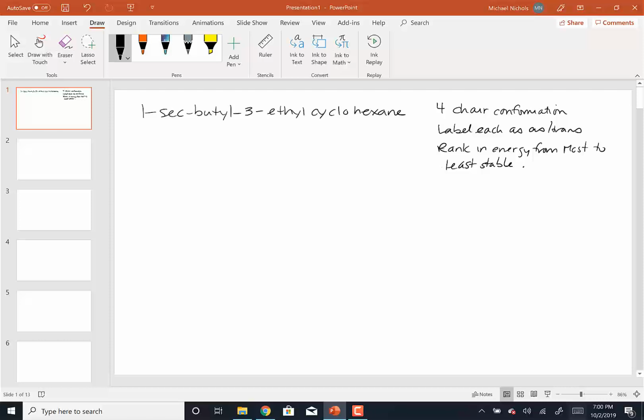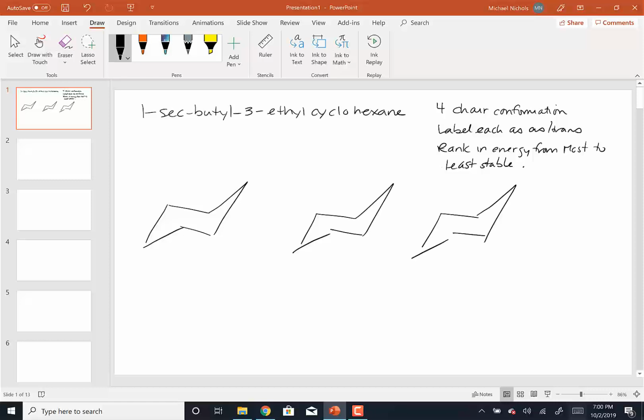Okay. So in order to do this, we need to start with chair conformations. You'll be given on an exam these blank chairs. You'll have to figure out where to put the axial and the equatorial positions. In this case, I want to start with a sec-butyl group.